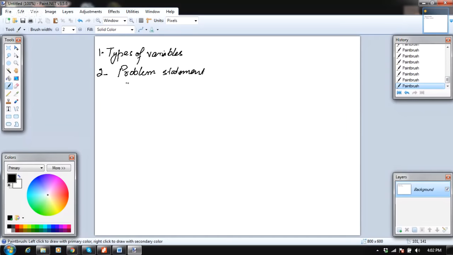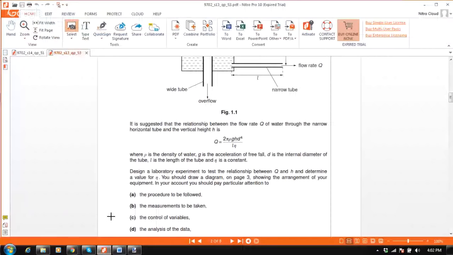Coming to the problem statement, what we are going to do is clearly labeled in the question. Let me show you this question. It says that it is suggested that the relationship between the flow rate Q of water through a narrow horizontal tube and the vertical height is Q is equal to this, blah, blah, blah.